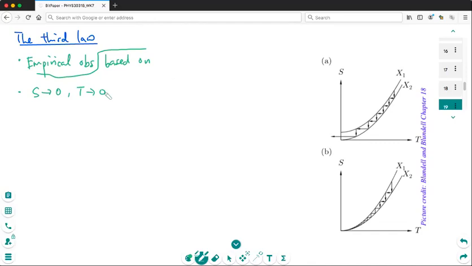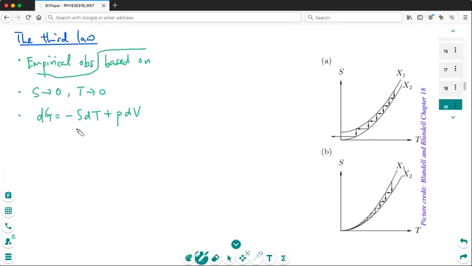Now, this is nice for us because we have been talking about entropy change since the beginning. This might give you the impression that we only care about the entropy change, but not the absolute value of the entropy. This is not the case, because once we know how to define the absolute entropy, we can, for example, look at the Gibbs function. If you look at the differential form, you see there's this term here.